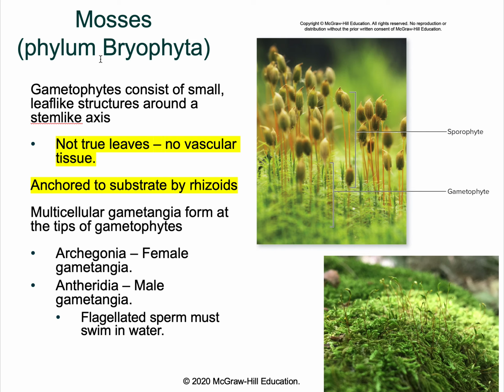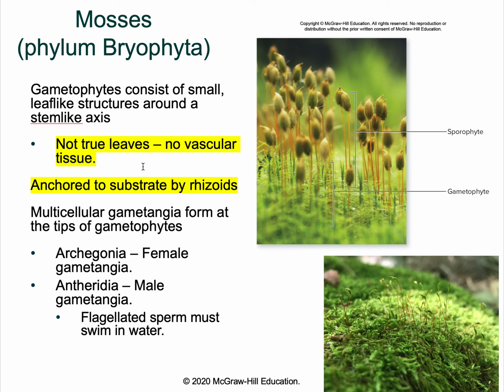One of the characteristics of moss is that they don't have true leaves and no vascular tissue. Vascular tissue is something that has a xylem and a phloem. The xylem is for movement of water, and the phloem is for the sugars, glucose, made in the leaves from photosynthesis.